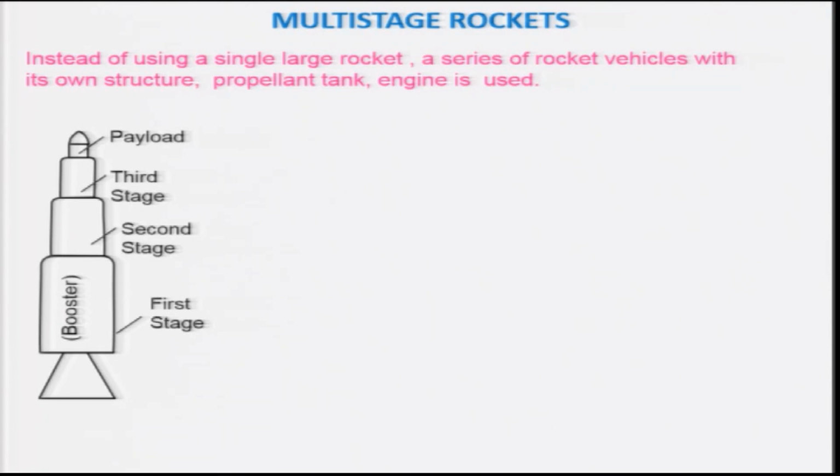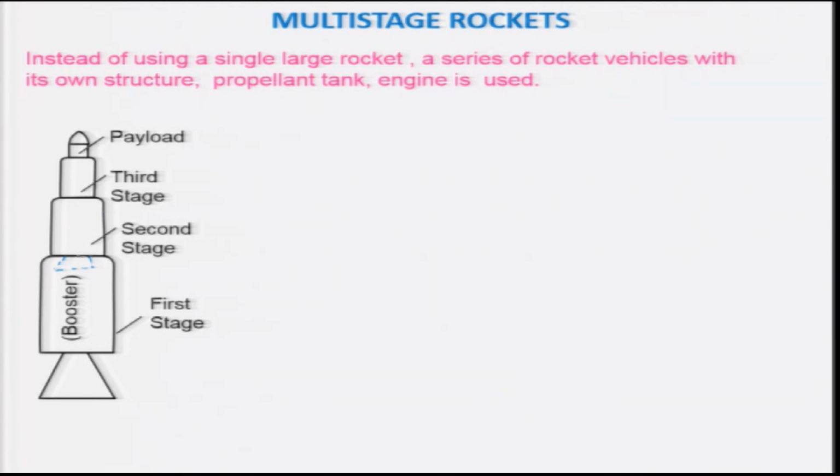3-stage rocket engine. If you look at it, it has a booster rocket engine having a nozzle, and this is your second stage, which has a nozzle embedded into this. And this is your third stage, and this is the payload which will be carried by all this rocket vehicle having 3 stages.